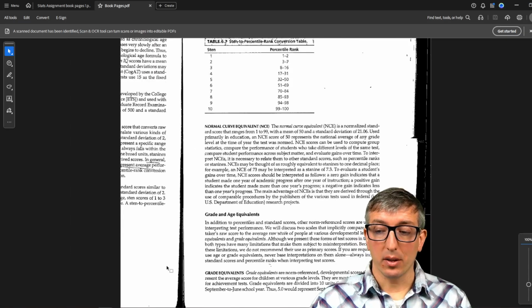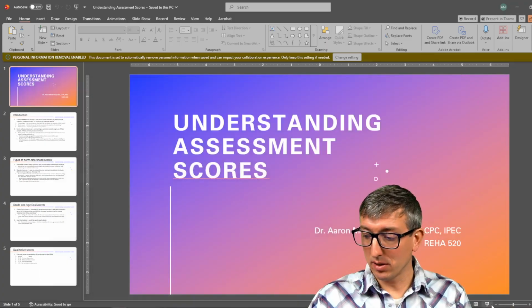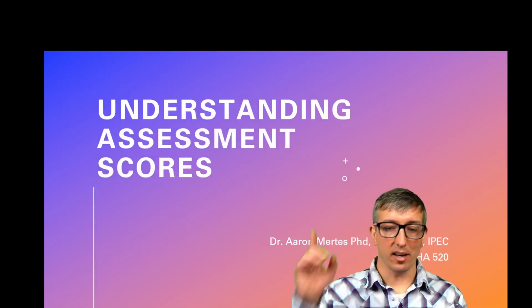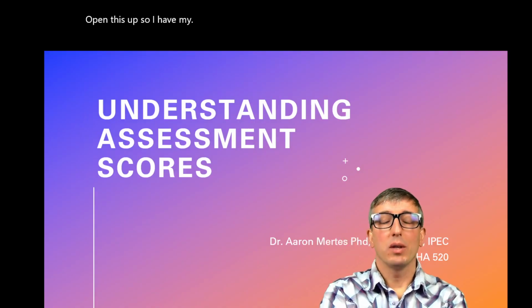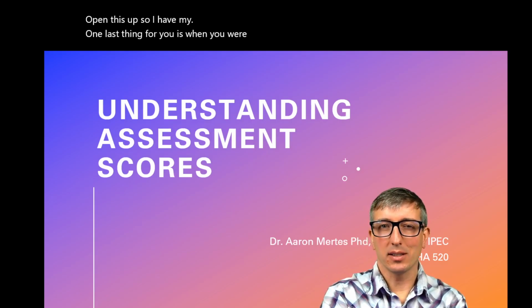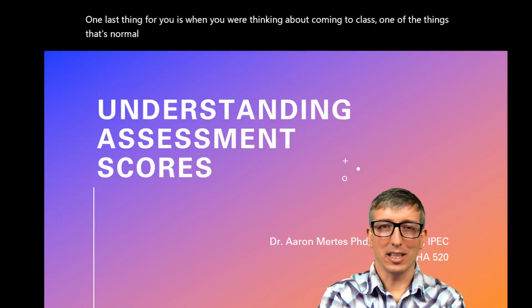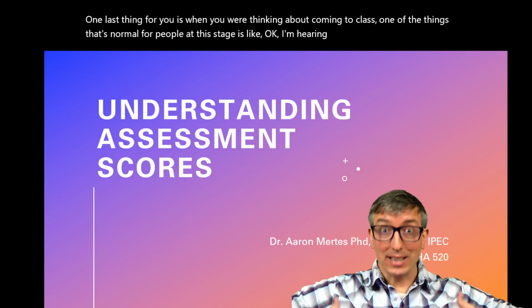So one last thing for you. I'm actually going to open this up so I have my subtitles. One last thing for you is when you're thinking about coming to class, one of the things that's normal for people at this stage is like, okay, I'm hearing all this, and I'm also reacting to my own stuff.